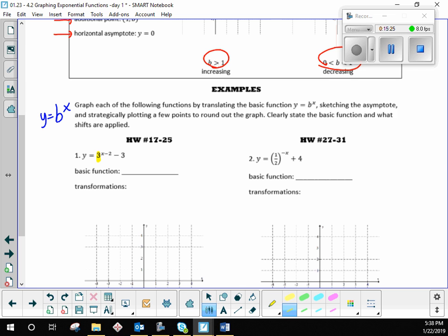The minus 2 here is a transformation. The minus 3 here is a transformation. The yellow 3 is the base. So when you go to write the basic function, you just need to write 3 to the x, or I'll take y equals 3 to the x as well.